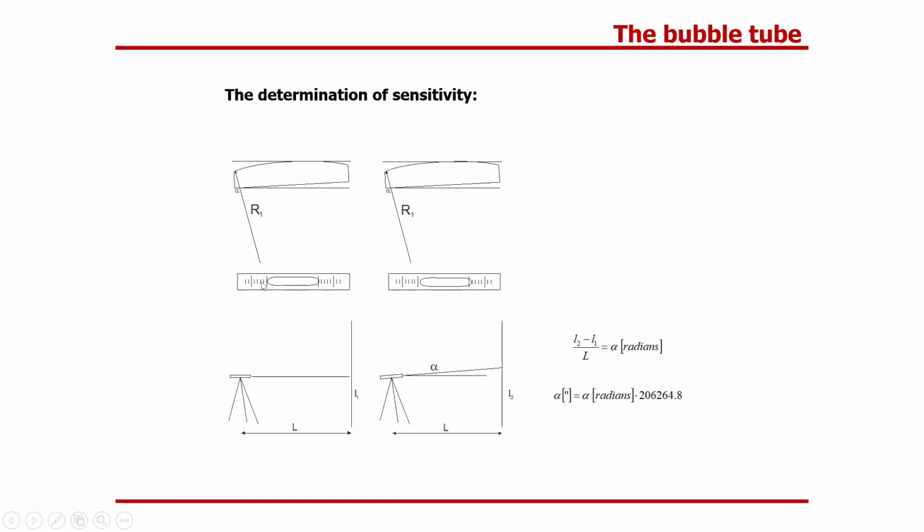Each line on the scale of the bubble tube, while the bubble moves to one point, it inclines by a small alpha angle, and we can calculate this alpha angle using a simple rod and measuring the distance between the instrument and the rod.